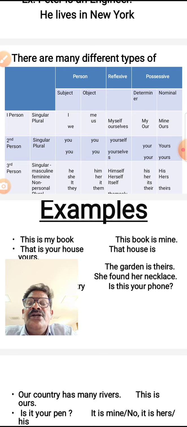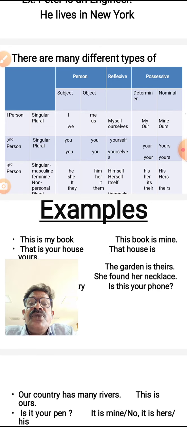In the subject column you can find you and you, right? And come to the third person, that is singular masculine, feminine. If it is singular masculine, it should be he. If it is singular feminine, it should be she. If it is non-personal, it. And if it is plural, we have to use they.